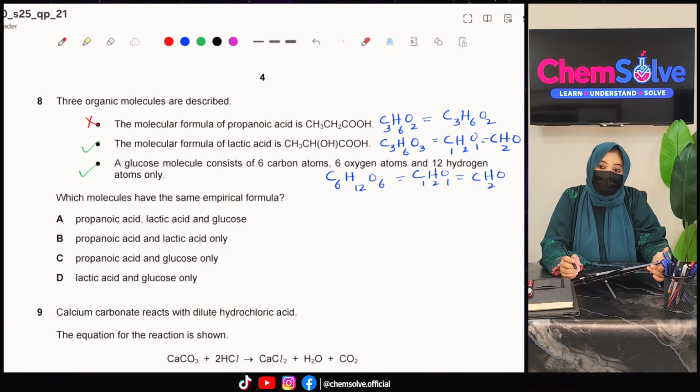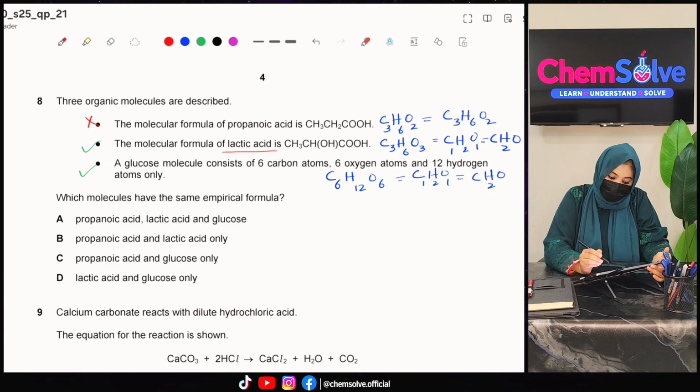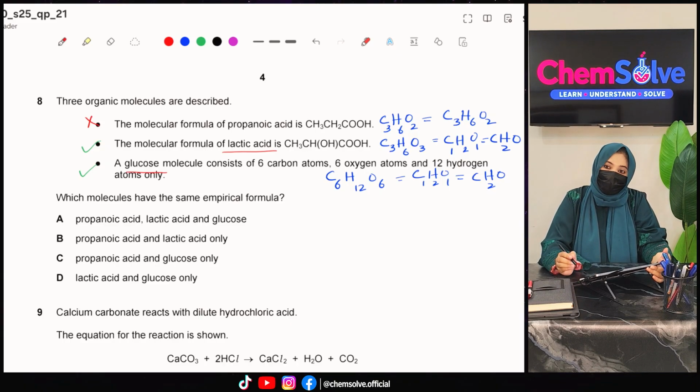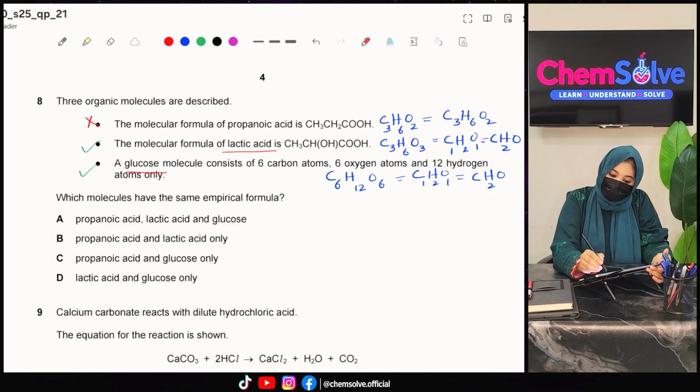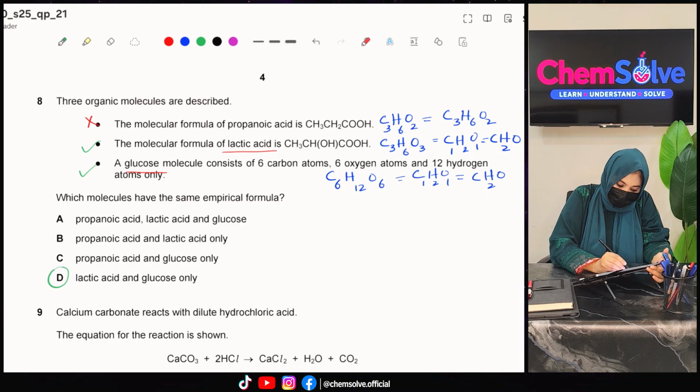So for question number 8, lactic acid and glucose have the same empirical formula, so I believe D is the correct option.